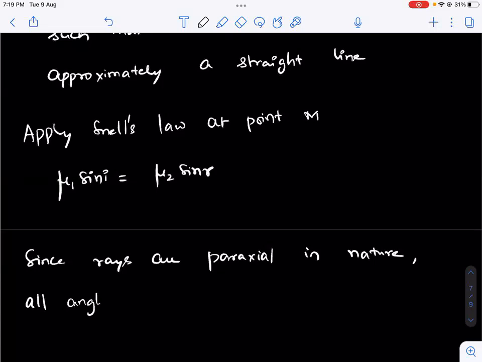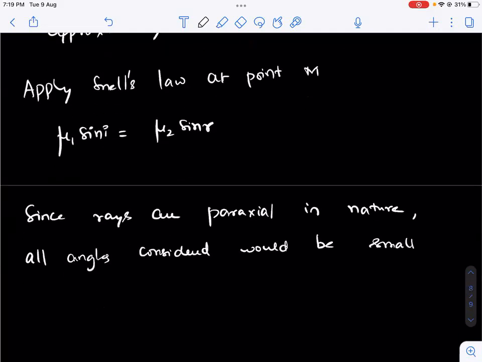All angles considered would be small, in the sense sin I can be approximated to tan I can be approximated to I. Or to put it in simple terms, sin is approximated to tan is approximated to the angle itself. Is that clear?